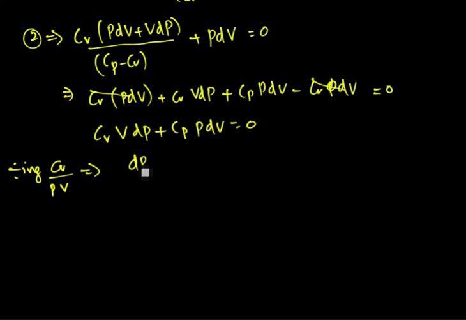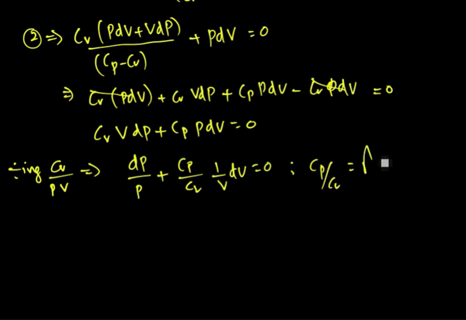What remains is dP by P plus the second term, which will be Cp by Cv into P by PV, that is 1 by V dV, is equal to 0. Now if you substitute Cp by Cv is equal to gamma, then dP by P plus gamma times 1 by V dV is equal to 0.